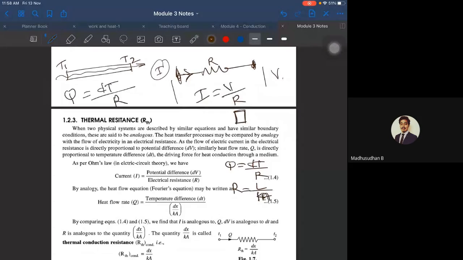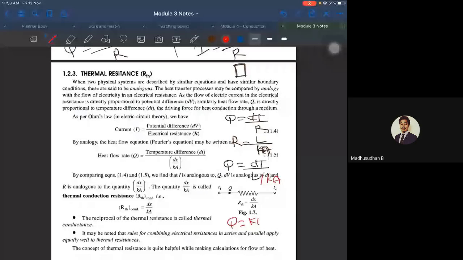Anyhow, we will be comprehensively understanding this in the meanwhile, but just remember the resistance for the plane solid is L divided by kA. Substituting it, Q is equal to dT divided by L by kA. So what happens? Q is equal to kA dT by L, which is nothing but your dx.